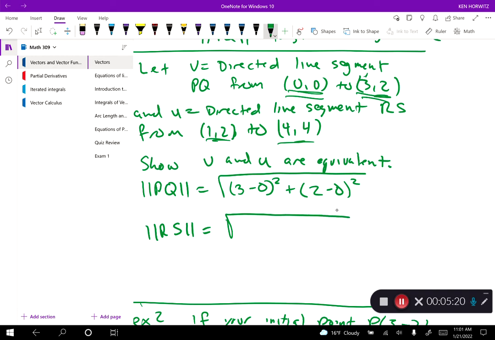We have our final x-coordinate is 4, minus our initial x-coordinate 1, squared, and I'm going to add that to 4 minus 2, squared. All right, so at this point, I'm going to ask you to pause the video and work on the magnitudes, and I'll give you the answers on the back end.